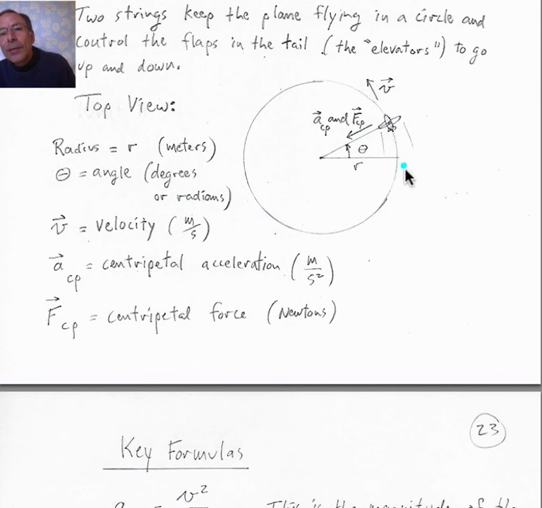And the reason that it's called the tangential velocity is that if I were to draw a line that just barely grazes, just barely touches the circle, that line is called a tangent line, it's tangential to the curve, tangential to the circle. And so that's why we call this a tangential velocity. Okay.